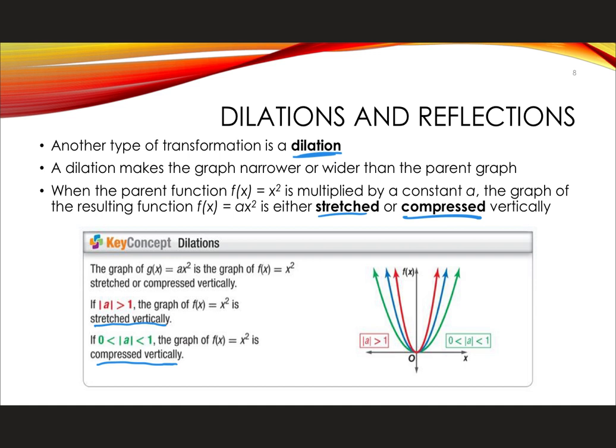Remember, the negative has no job here. You're not looking at A as a negative number or A as a positive number. You're only looking at the actual number. So if you have -2, at this point in our lives, we don't care about the negative. We're just looking at the 2, because the 2 is telling us stretch. The negative has its own job.